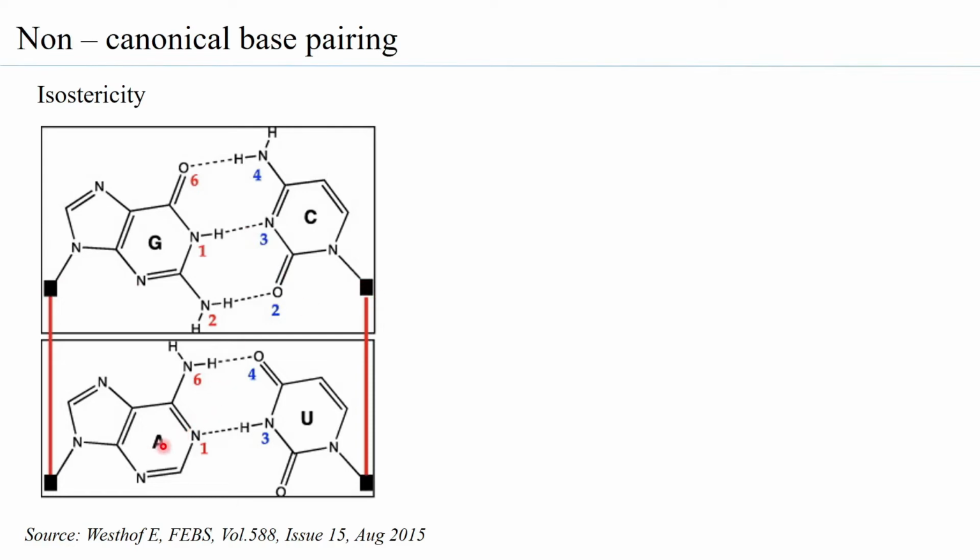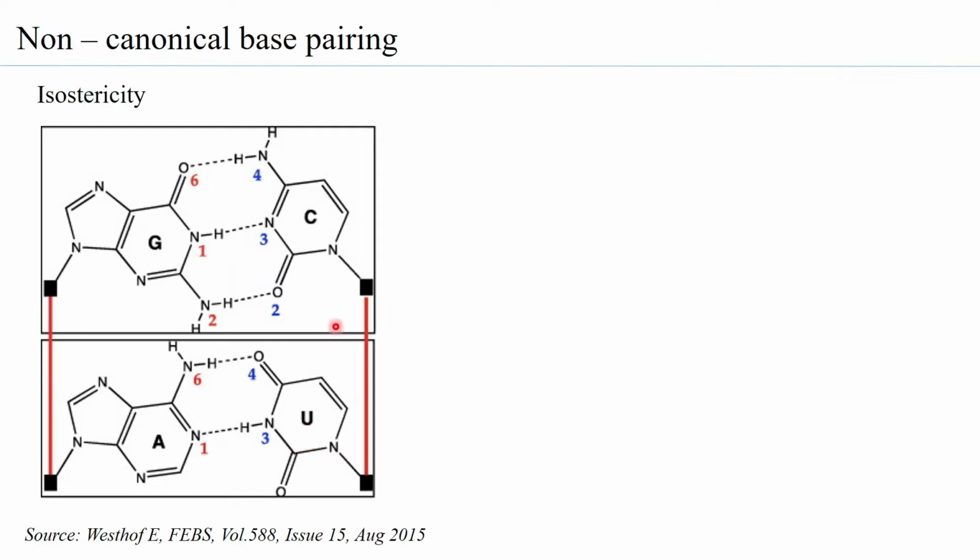Now when you look at the A and the U, again A and U is canonical. You can see that the Watson and Crick edge of A is interacting with the Watson and Crick edge of the U. But what is isostericity?